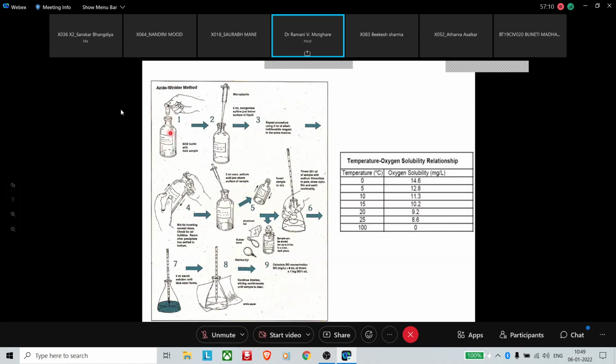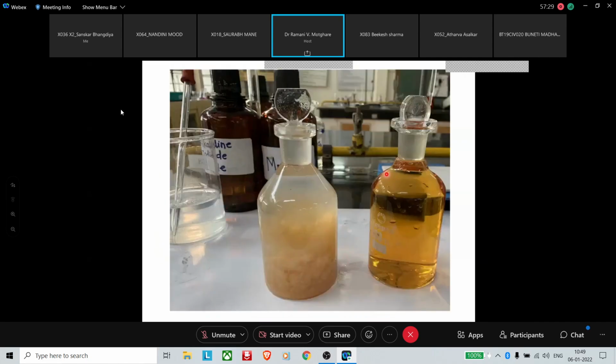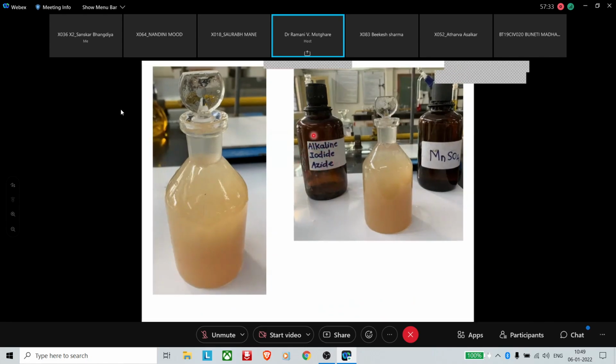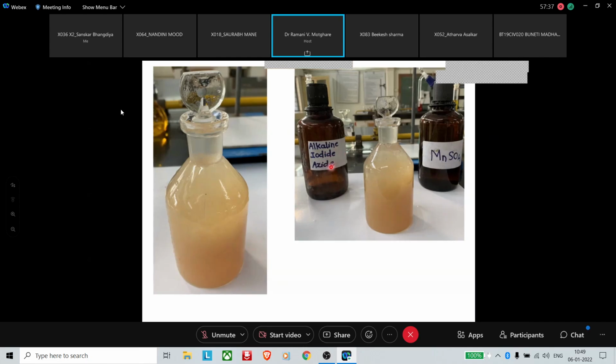The bucket will be kept, and from the bucket you have to fill your BOD bottle and then stopper it. Remove the excess water at the top and then go on adding 2 ml of MnSO4 and 2 ml of alkaline iodide azide reagent, and as I told you, it contains NaOH, KI, and sodium azide.